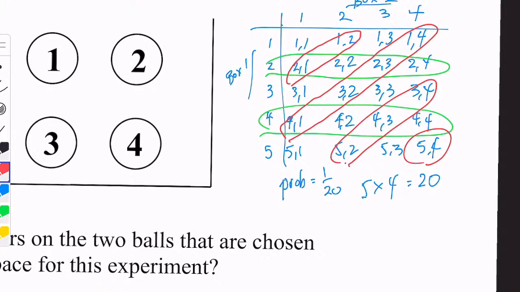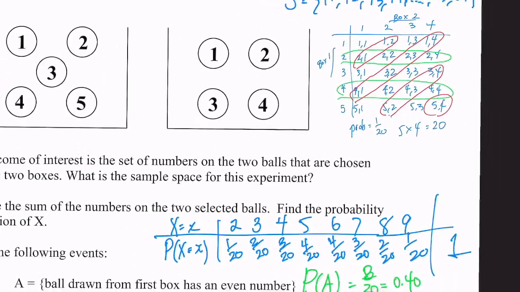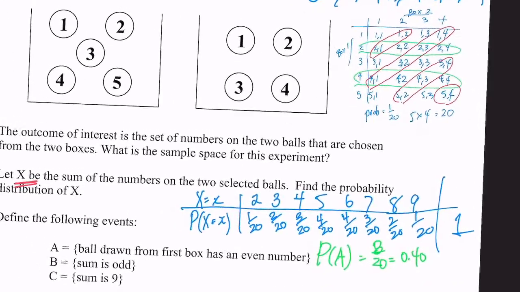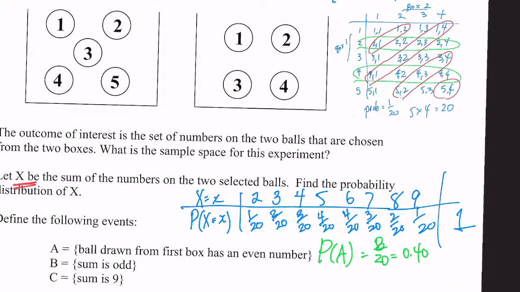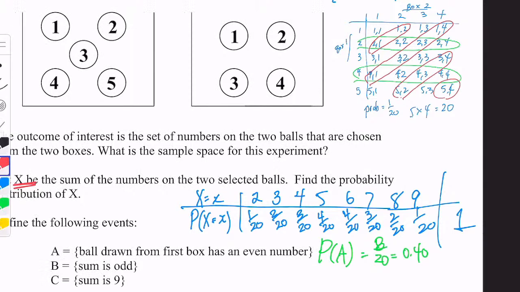Everybody okay with that? What's the probability? Right, half of the time it's odd and half of the time it's even, so it's 10 out of 20. Good, Gabrielle.